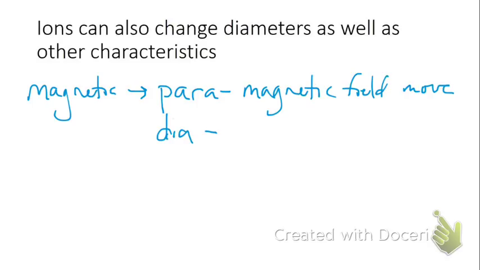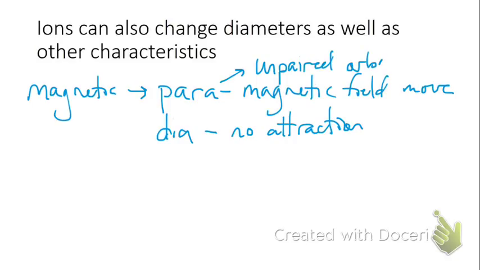Diamagnetic, or dia, means there's no attraction. And the reason why something is paramagnetic is because it has an unpaired orbital. Diamagnetic, by contrast, is everything is paired.